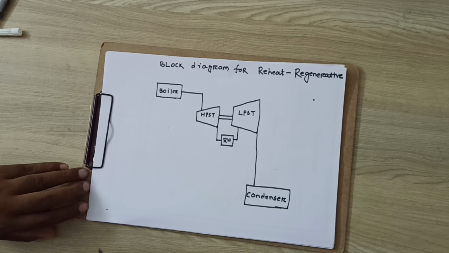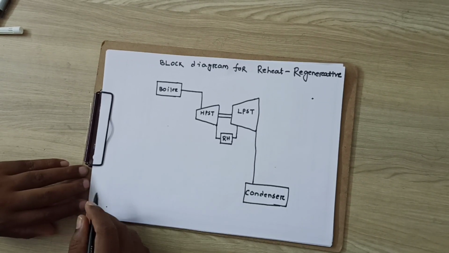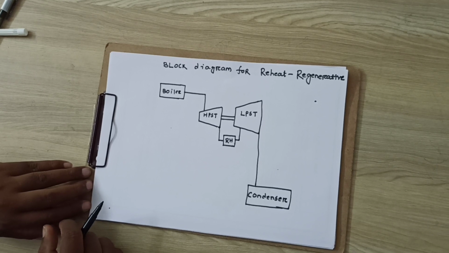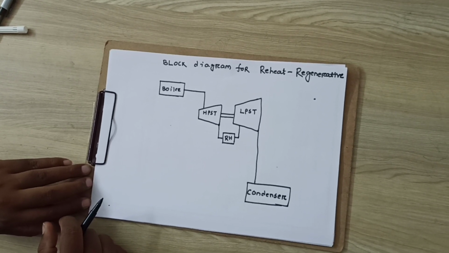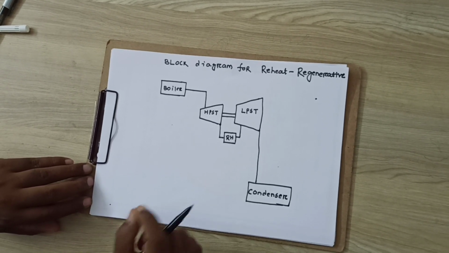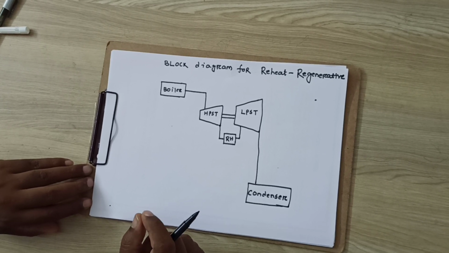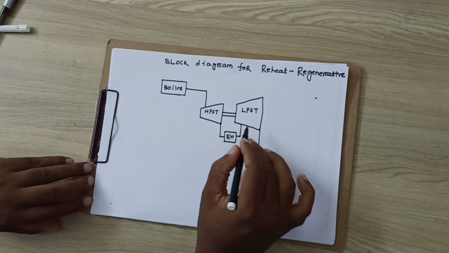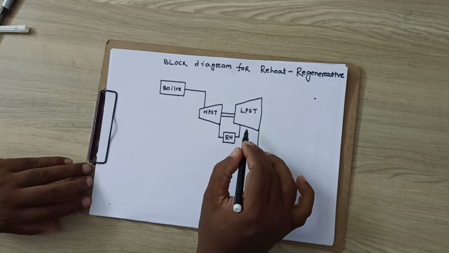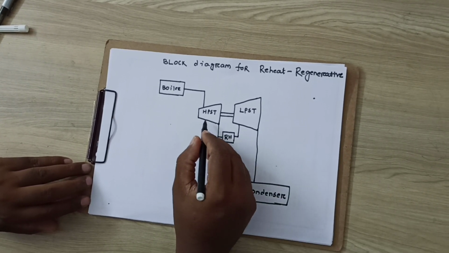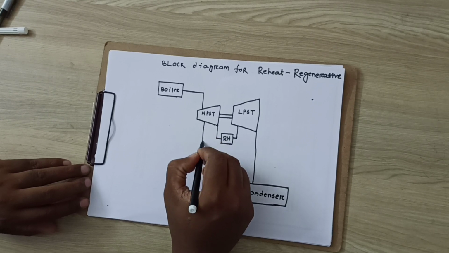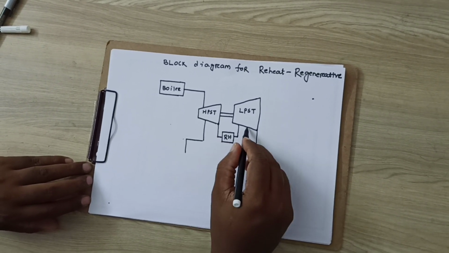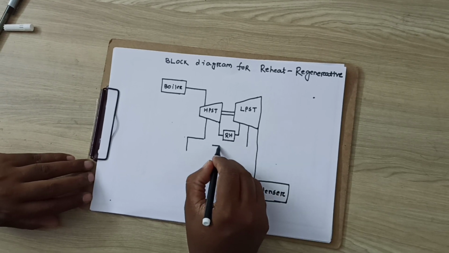Then we have to combine this regenerative portion into this reheat cycle. For this we have to extract two steam bleeds, one from the high pressure steam turbine and one from the low pressure steam turbine respectively. So one extract will come from here and another extract will come here.